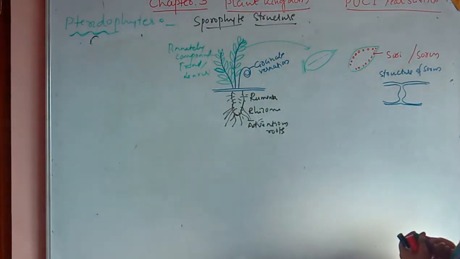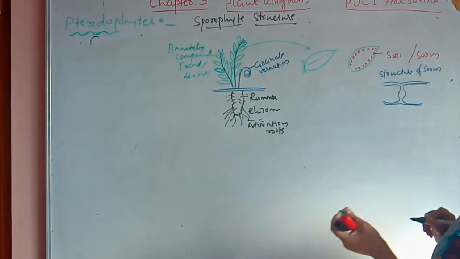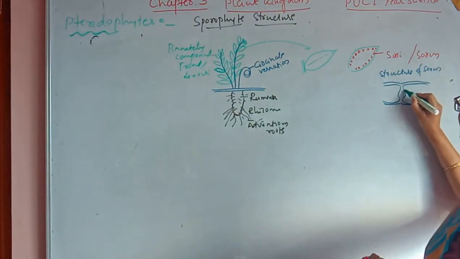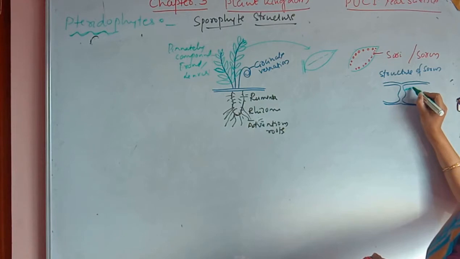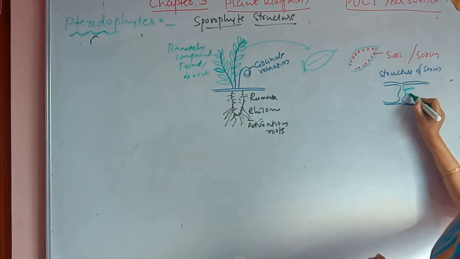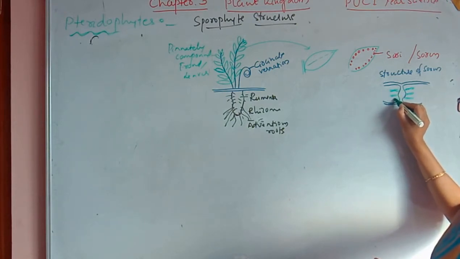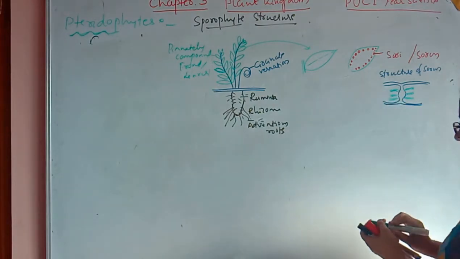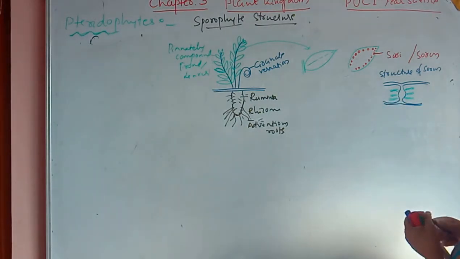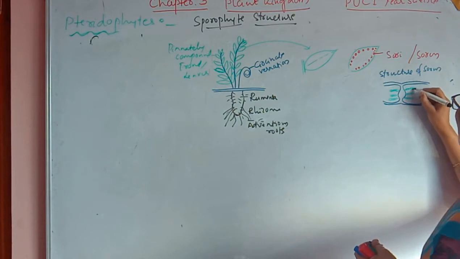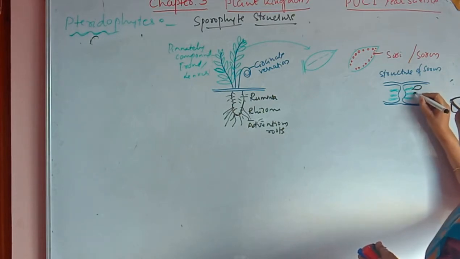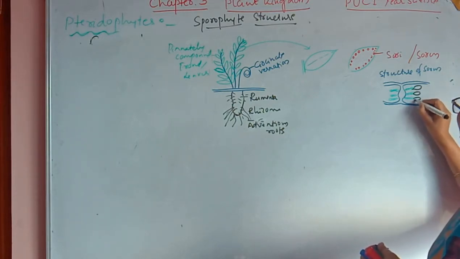So there is a bulged portion. This is the upper surface of the sorus leaf. These are the multicellular stalks of the sporangia, attached on this bulged structure, which are thick walled. So these bulb-like and large structures are called the sporangia.